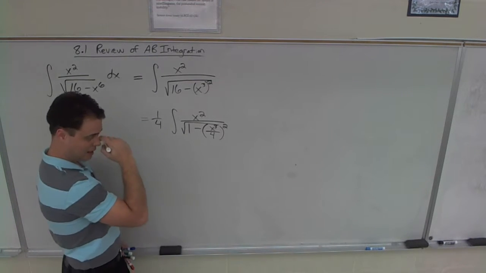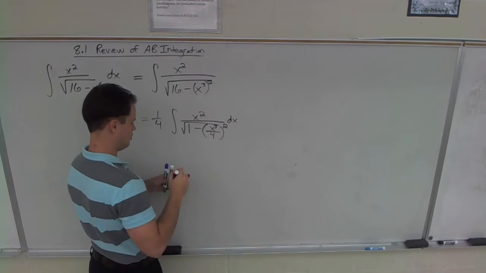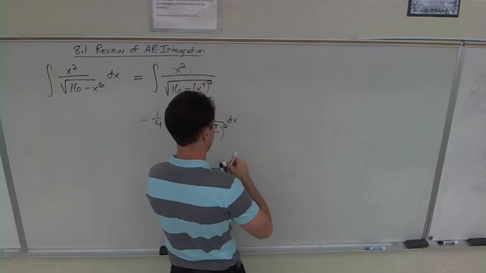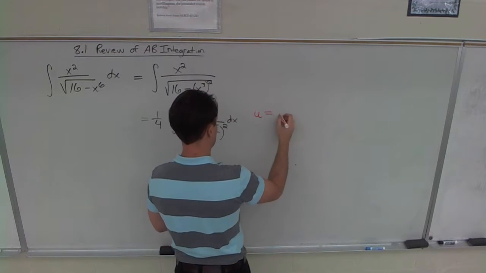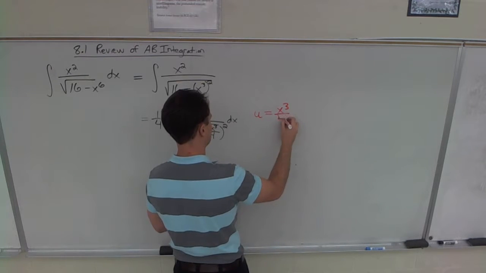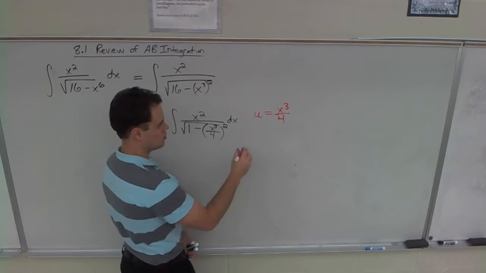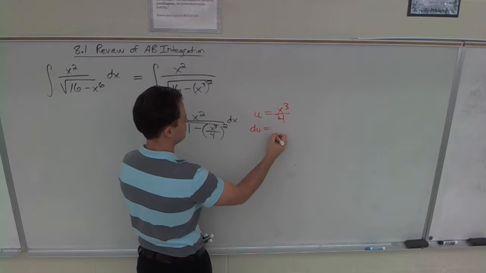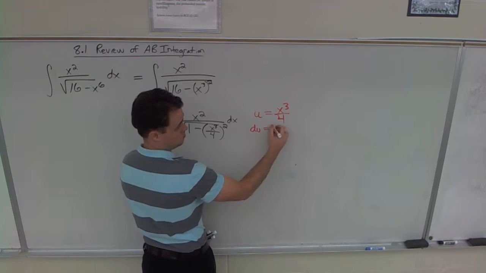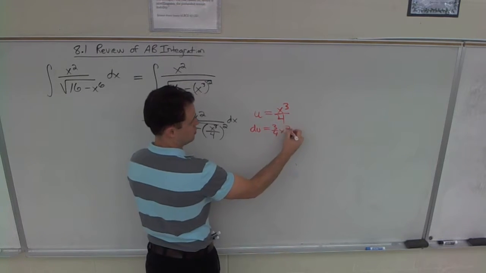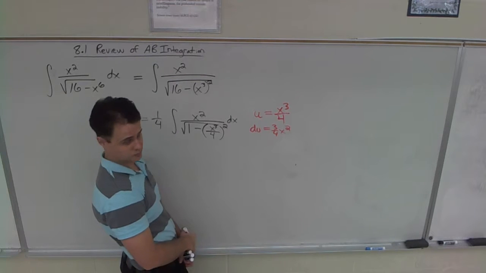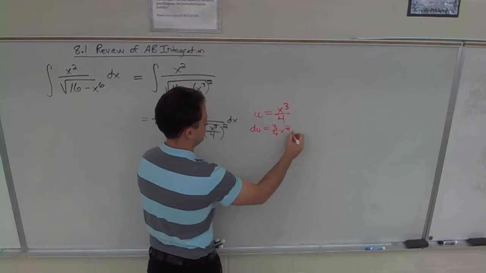So, all right, now it's ready to u sub. We could have tried to u sub it on that step up to us. Now u is clearly x cubed over 4. So du is 3/4 x squared dx, right?